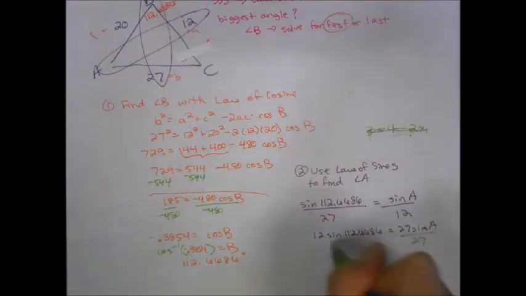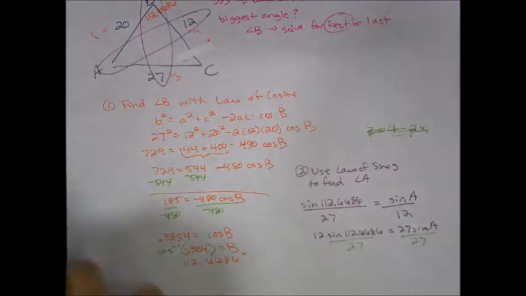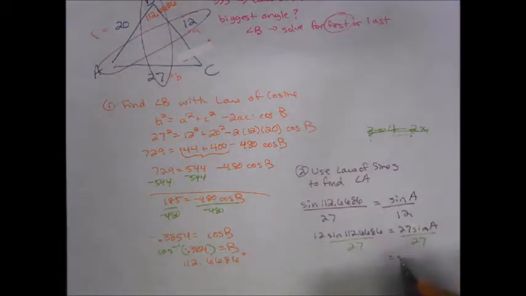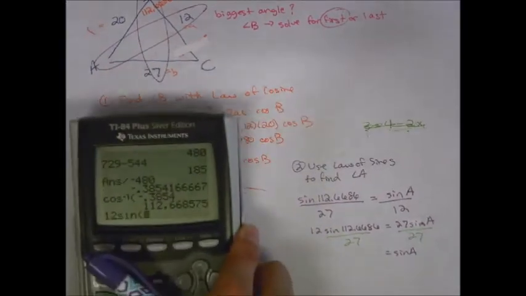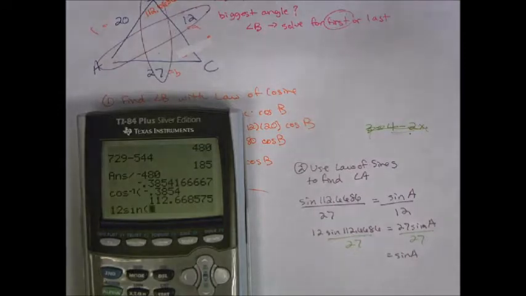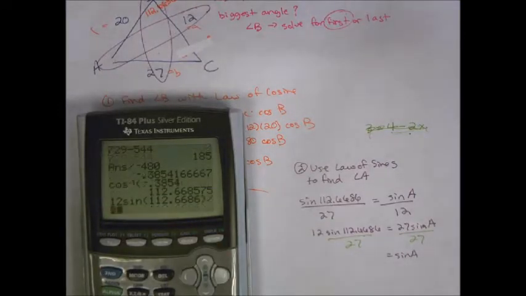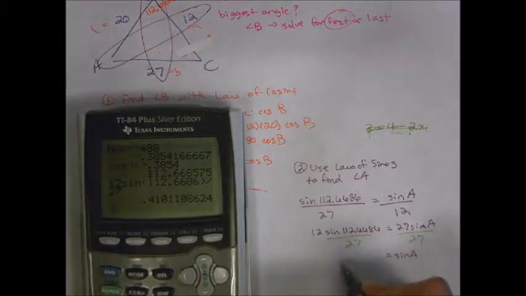Divide by 27. So then I get 12 sine, make sure we close that parentheses, divided by 27 equals 0.4101.